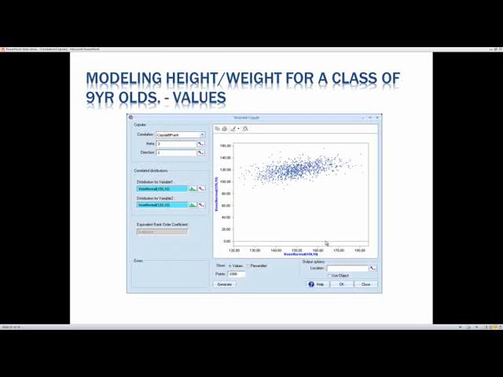Within ModelRisk, if we were to look at this, because it's a nice convenient way of showing this off, here we looked at a bivariate Frank copula, and we devised our own little exercise. So imagine you have a class of 9-year-olds, and you want to correlate weight to height.